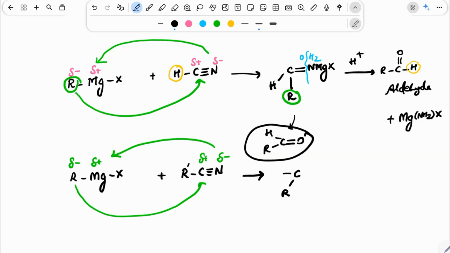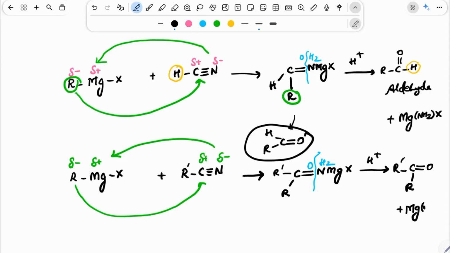We should not write the triple bond again. Okay. So it will be like C. We can take this as R dash, right? So Grignard reagent R and already existing R dash, double bond NMgX. So the next step, hydrolysis in the presence of acid, we can get what? Ketones.